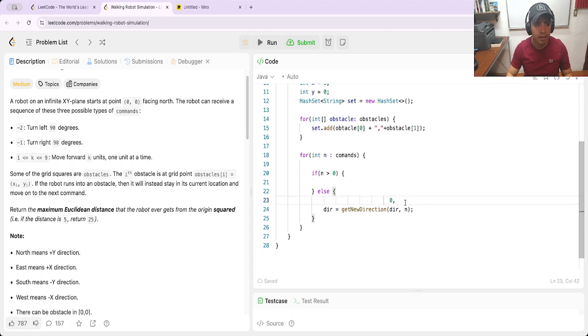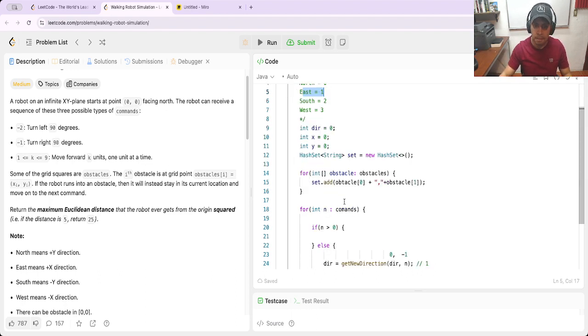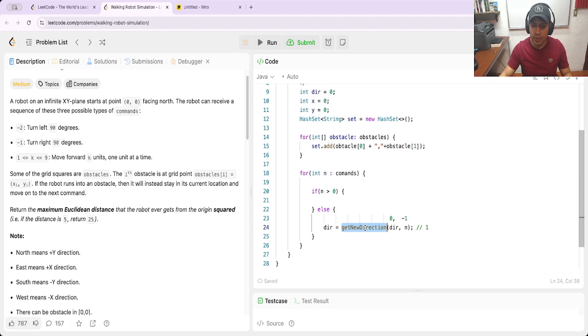Okay, this received like this, and this should return the new direction as a 1. Yeah, and in this moment we are in this direction, in the east. I will create this function in the end. First, I would like to complete this section.